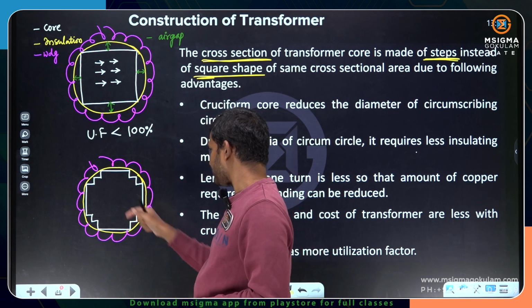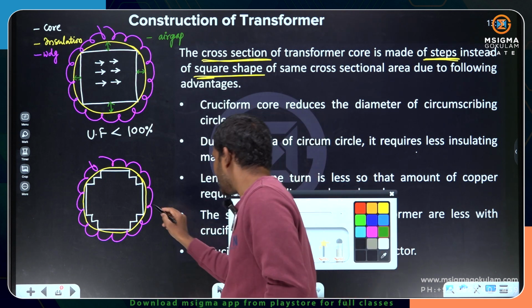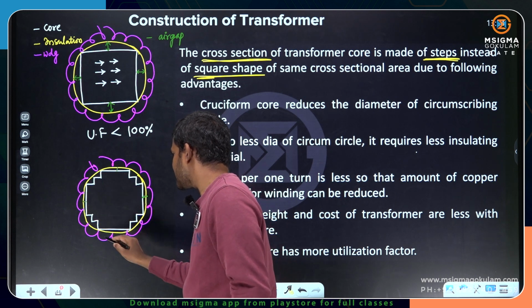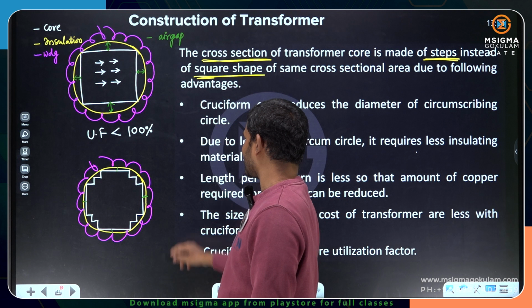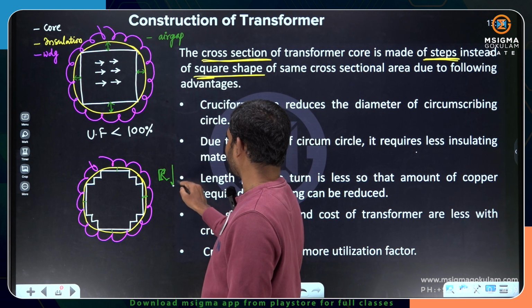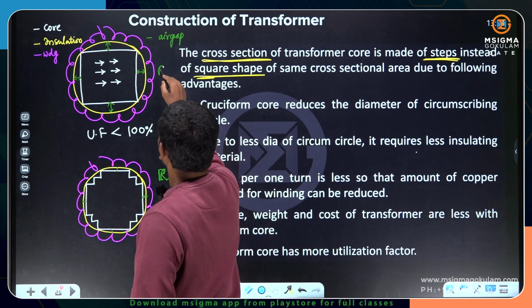But when it comes to here, the air gap is very small. So I can say that the reluctance offered by this path is very much less than the reluctance offered by this one.